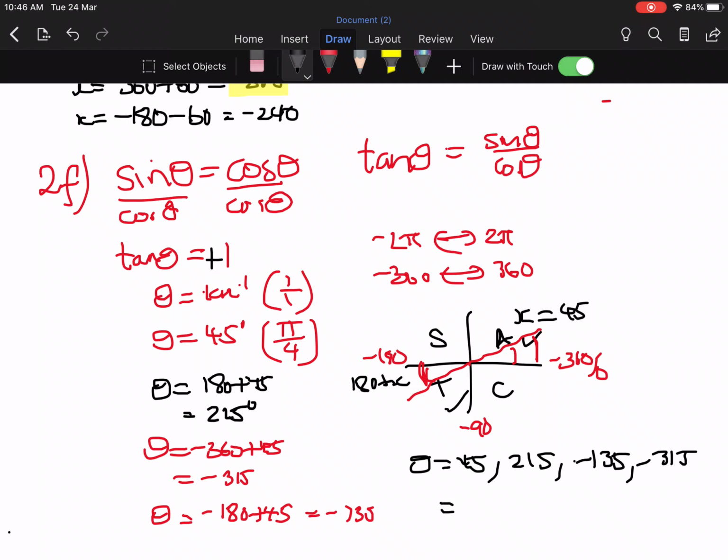Now, I'm not going to get all marks unless I put it back into radians, which is what it asked us for. So 45 I know is pi by 4. But how am I meant to know 215? Well, you need to know your 45 times table, basically. So how many times? It's going to be 4 times, 5 times.